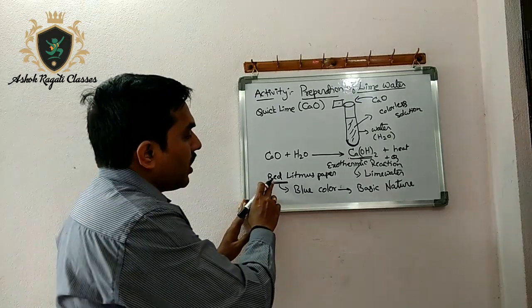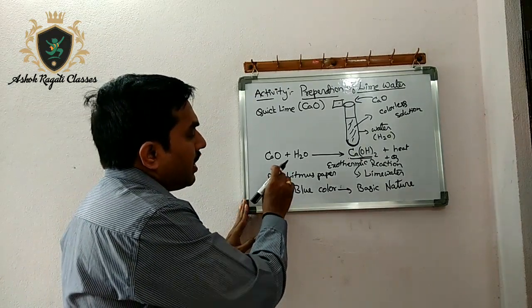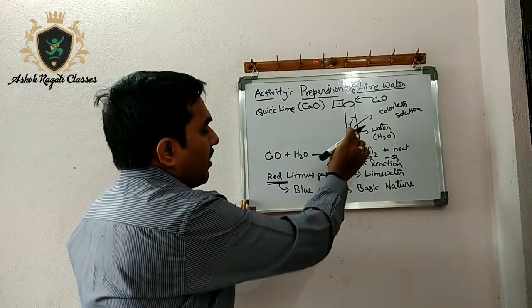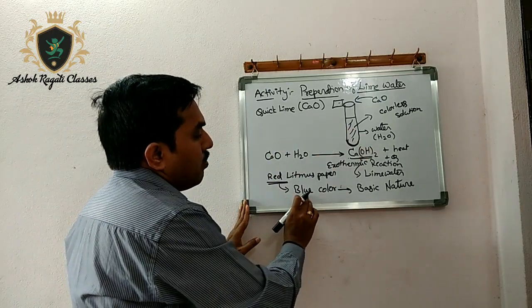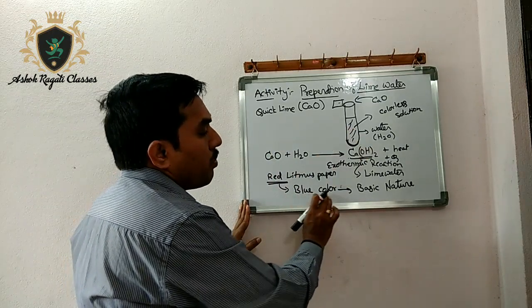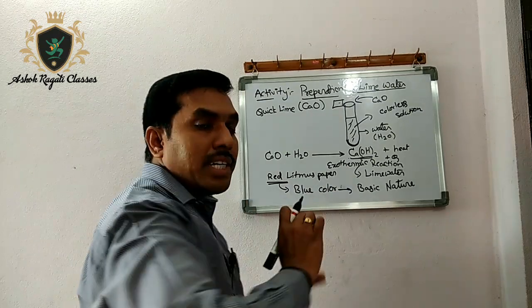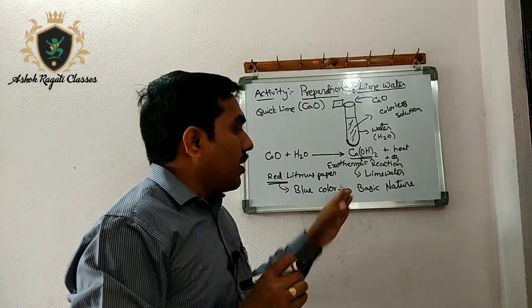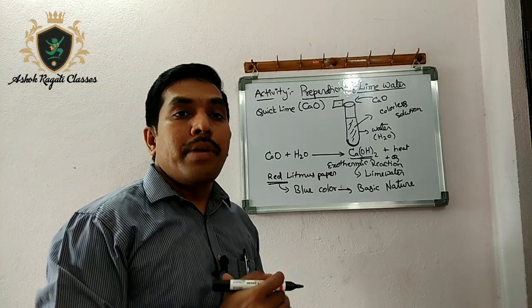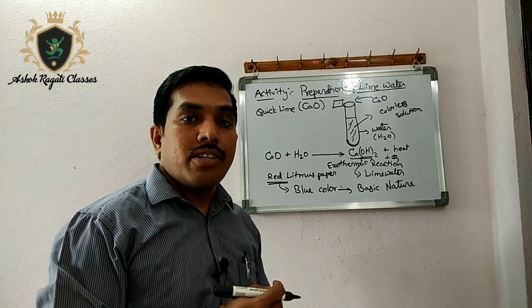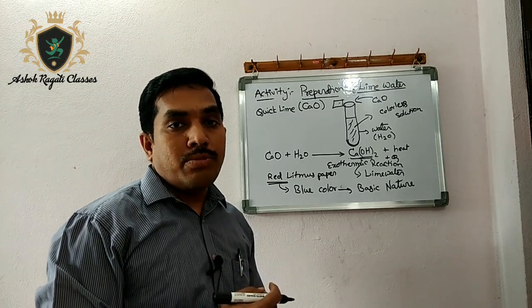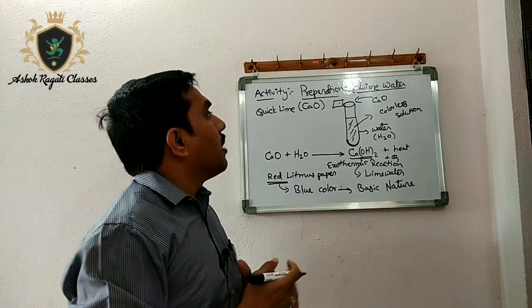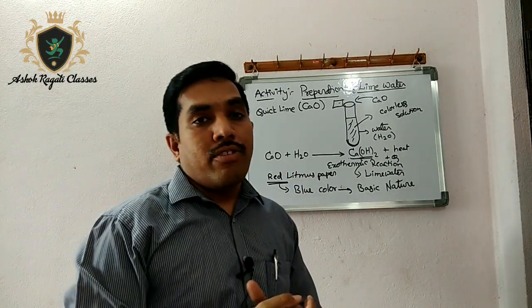So when you dip red litmus paper into the lime water, it changes into blue color. So what is the behavior of lime water? It is a base. Calcium hydroxide is a base. So this is about the preparation of lime water.